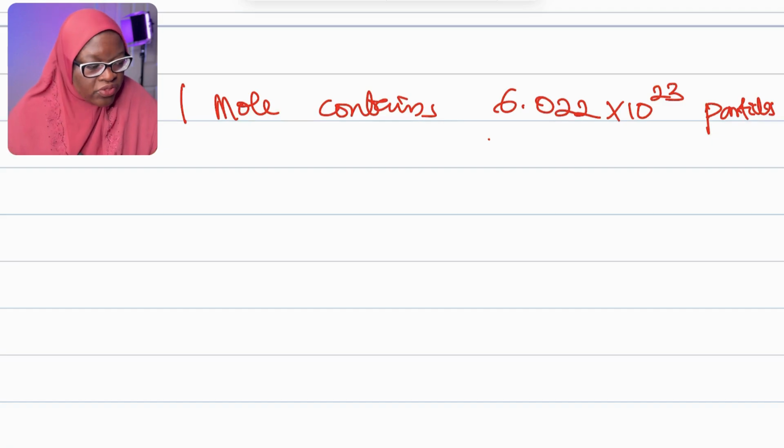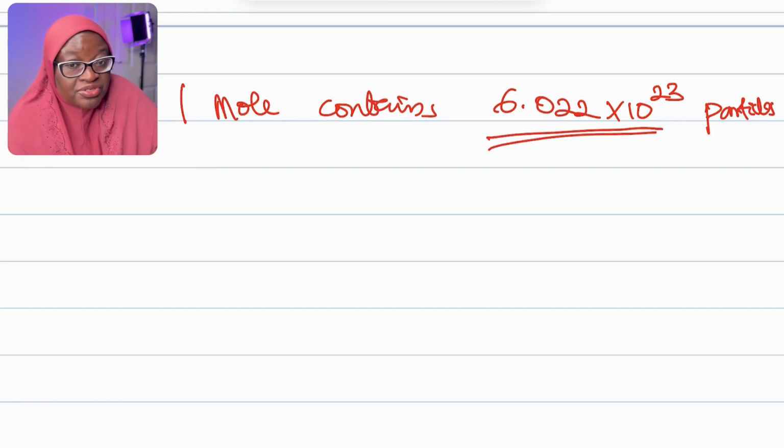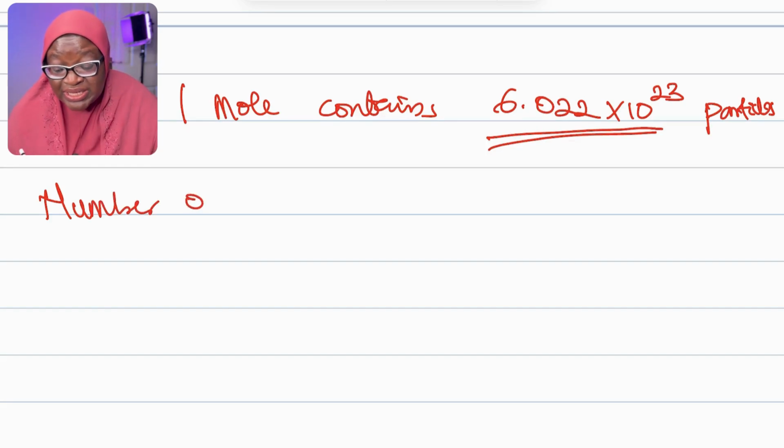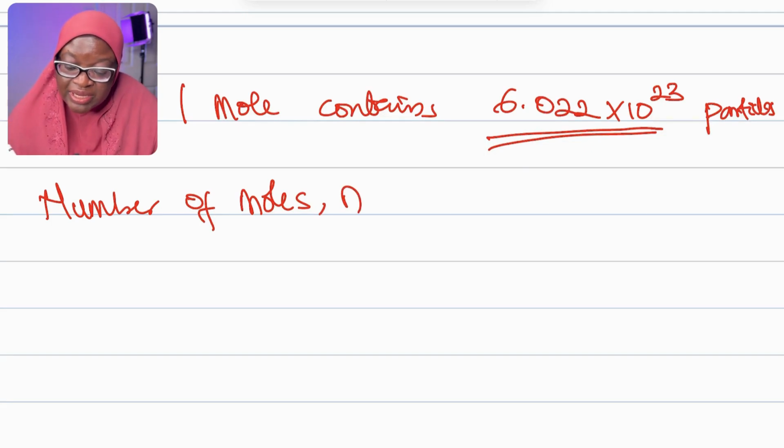How do we work with this numerically in chemistry? Numerically, number of moles is represented as n. So anywhere you see small letter n, that is telling you the number of moles of a particular substance is equal to the mass of the material divided by the molar mass.